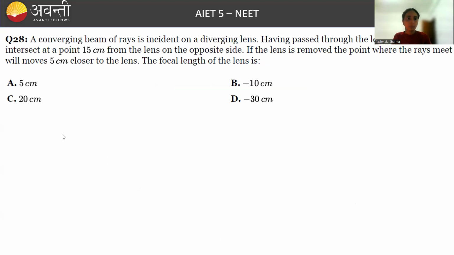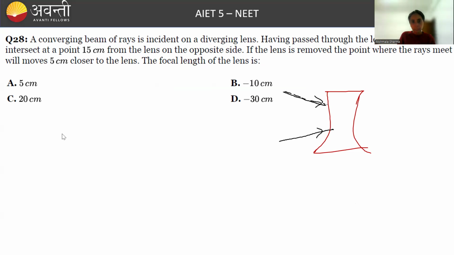Now let's read this question. A converging beam of rays is incident on a diverging lens. So there is a diverging lens, it means concave lens. And what is happening? A converging beam of rays is incident. So if you draw the rays coming like this, where the incident rays meet gives us the object. Here, the object is not specified, but the incident rays are converging, and they do not actually meet before falling on the lens.